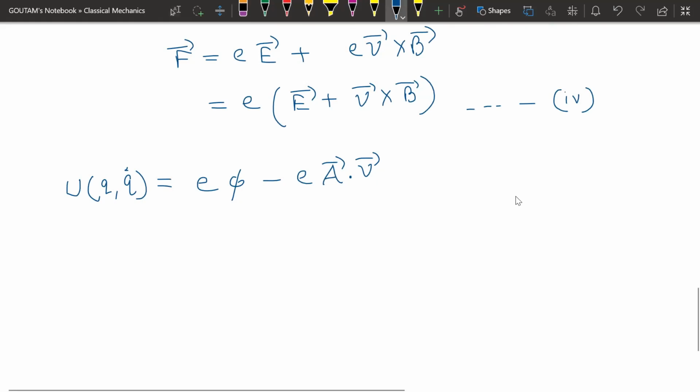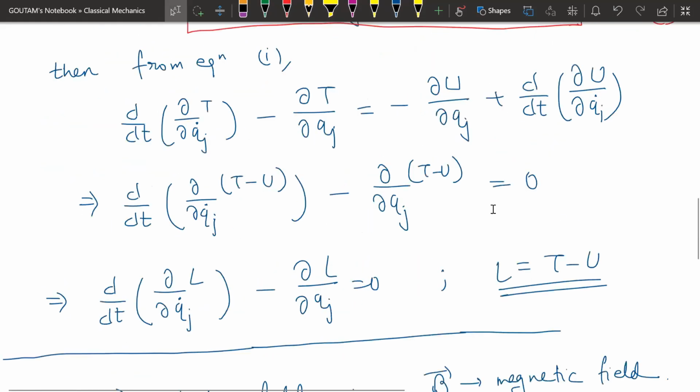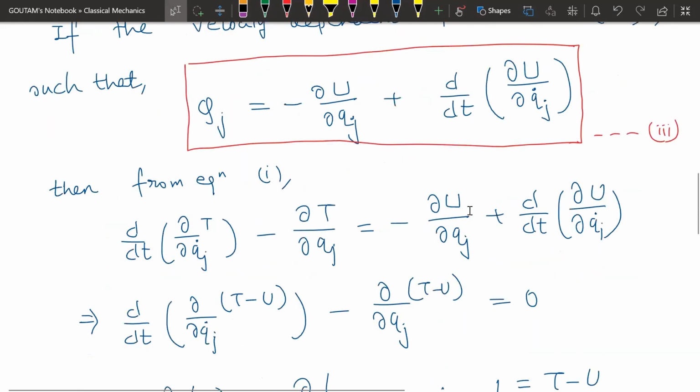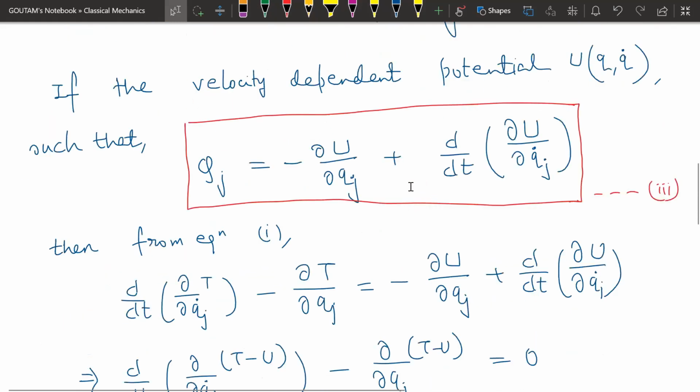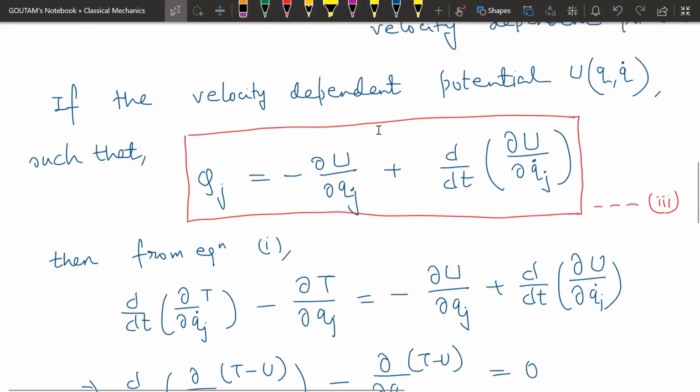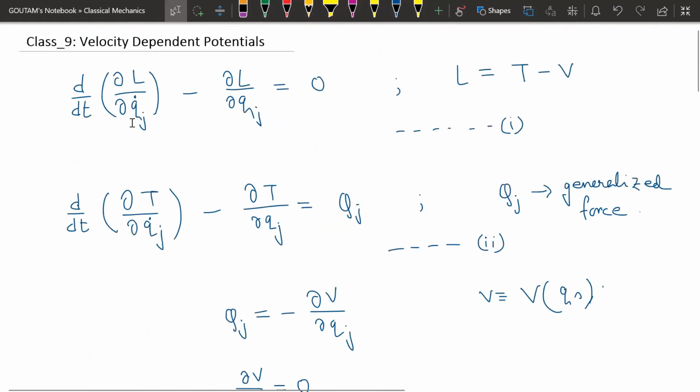So now let's look at this Lagrangian. If the potential is like this, we'll show that this potential fits into this framework. This potential gives rise to generalized forces which are like this.